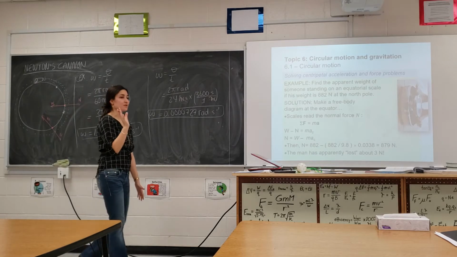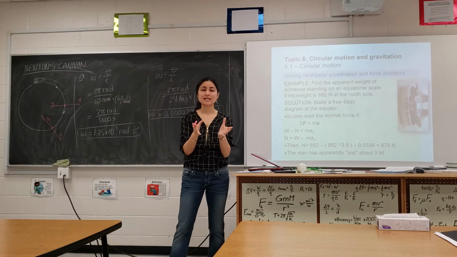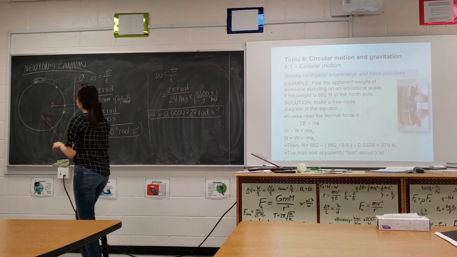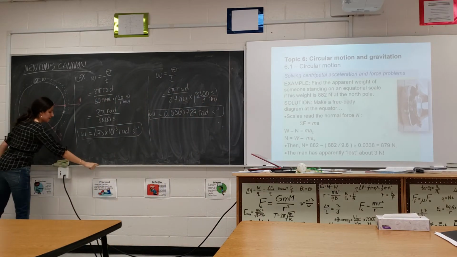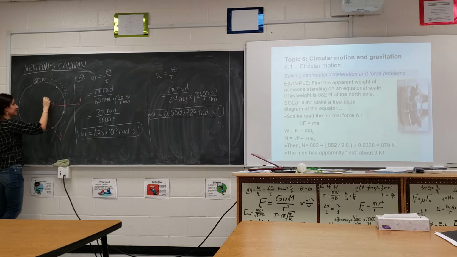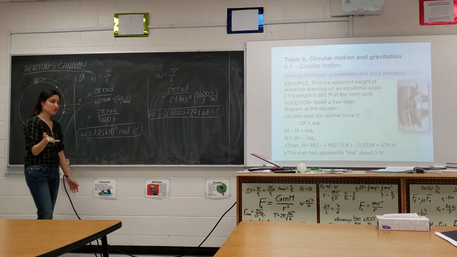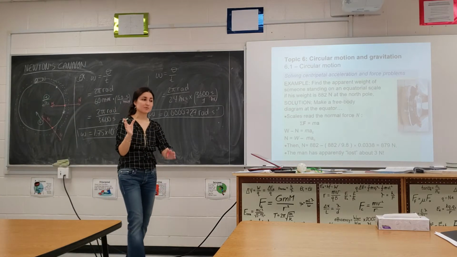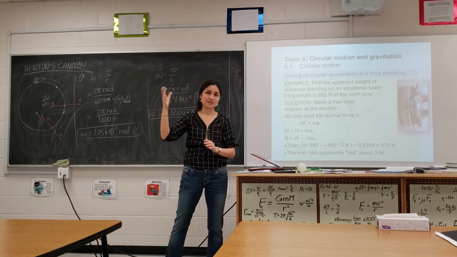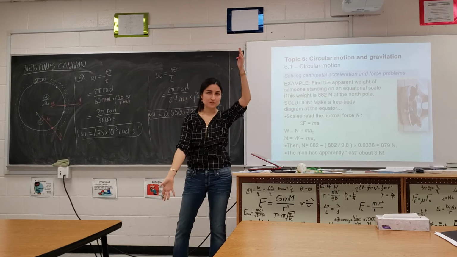Now, usually when you have acceleration, the best strategy is to pick your positive direction as the direction of acceleration. So I have this scenario where the centripetal acceleration is toward the center of the circle. So I'm going to let toward the center of the circle be my positive direction. Usually when we have linear problems, we would say left is positive and right is negative, or up is positive and therefore down is negative.